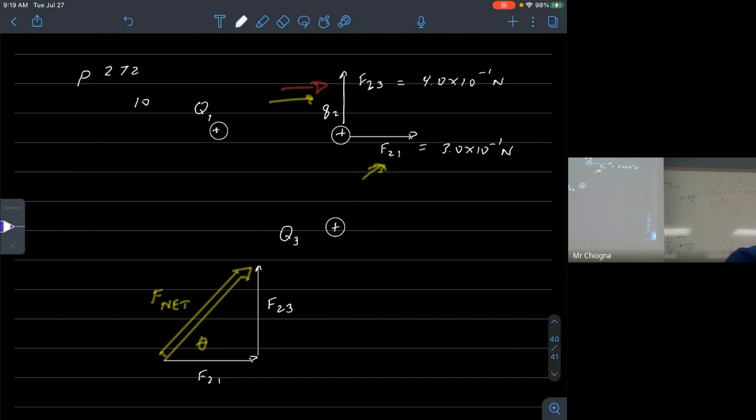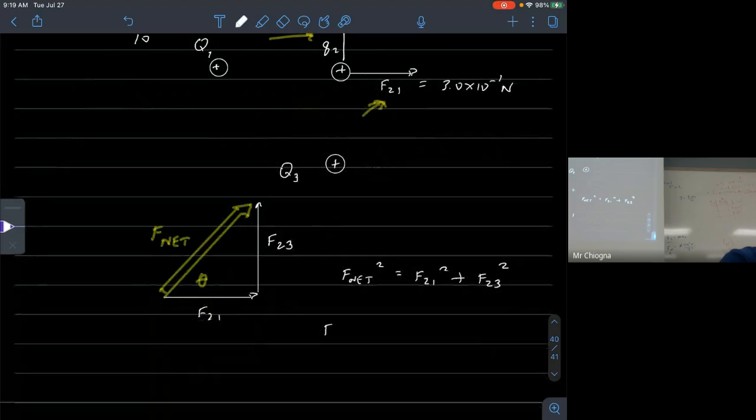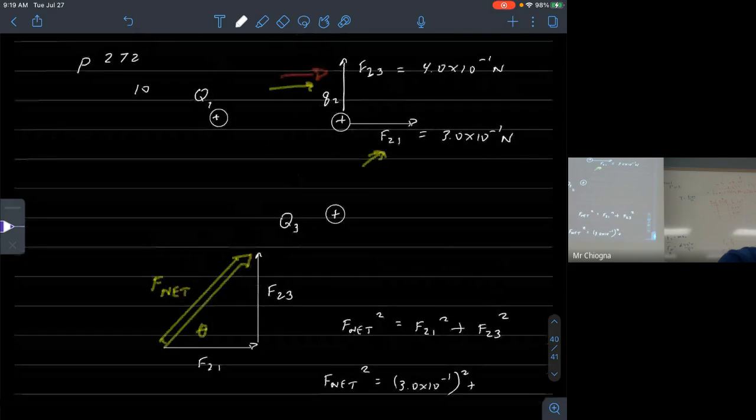Your net force squared is equal to F21 squared plus F23 squared. So F21 is, and F23 is.